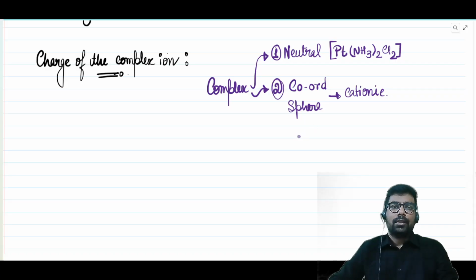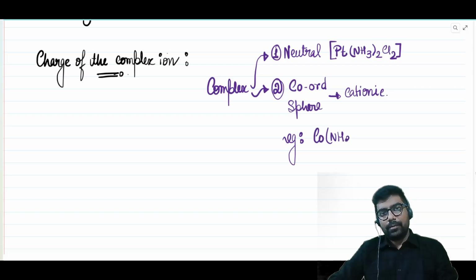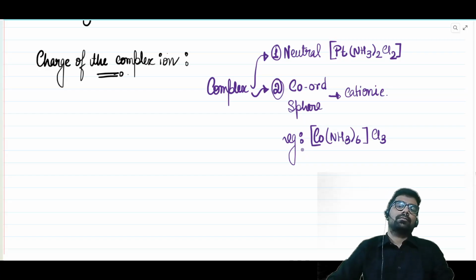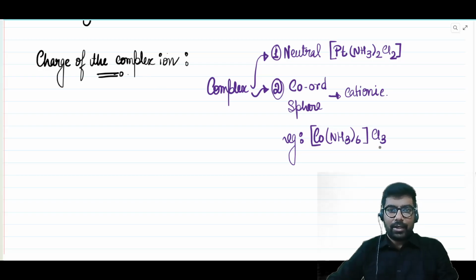Basically, something like this. Example will be [Co(NH3)6]Cl3. Over here, we have seen in the previous one, the anion has a charge of -3.